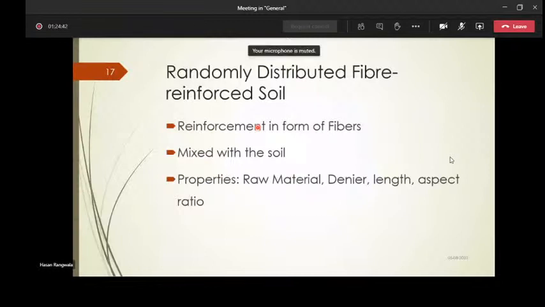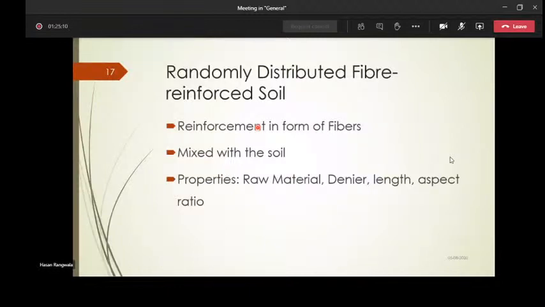If I have different types of soil, for a sand I may have used the coir fiber. In the other case, if there is a silty sand, I may not be able to use the same coir fiber, because of the behavior of the soil reinforcement system.